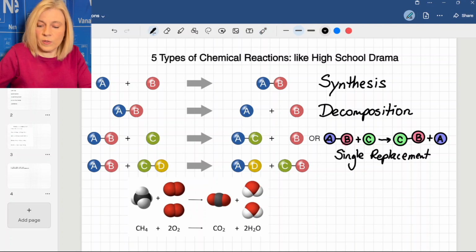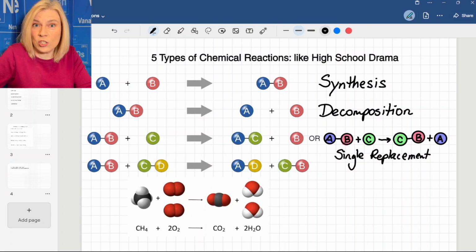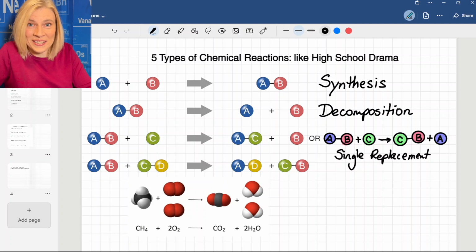Let's go to the 4th type of chemical reaction. And the perfect analogy is Adam and Barbara dancing on a dance floor having fun, and next to them is Charlie with Diane. Charlie and Diane are dancing having fun, and then they decide to switch. So now Adam and Diane are dancing, and Charlie is dancing with Barbara, and everyone is having fun.